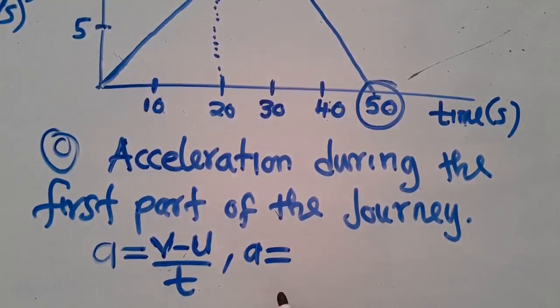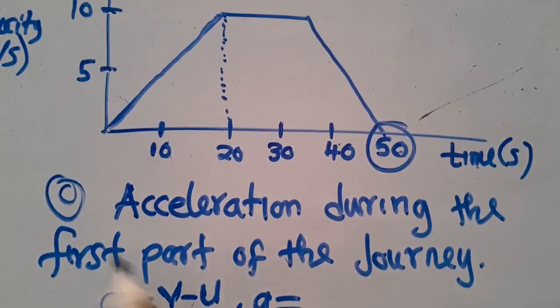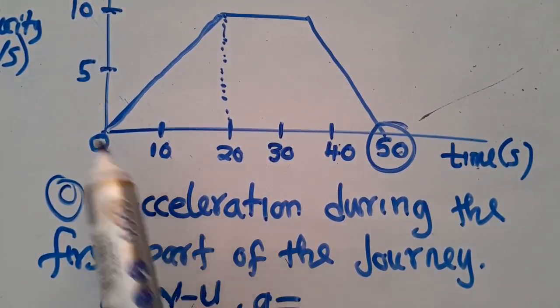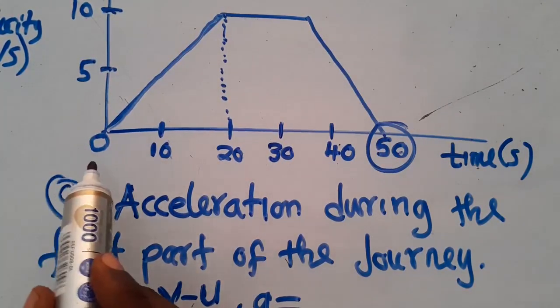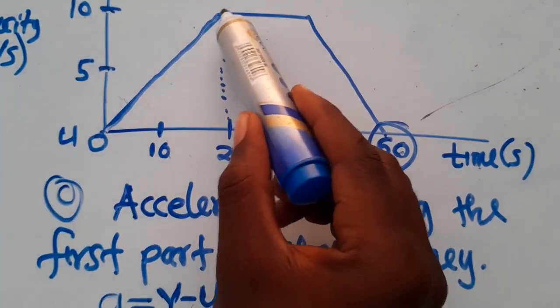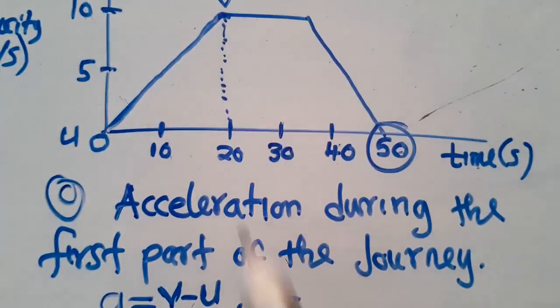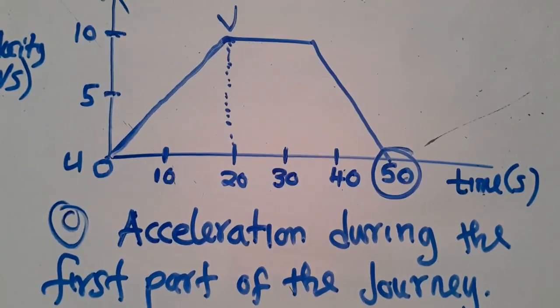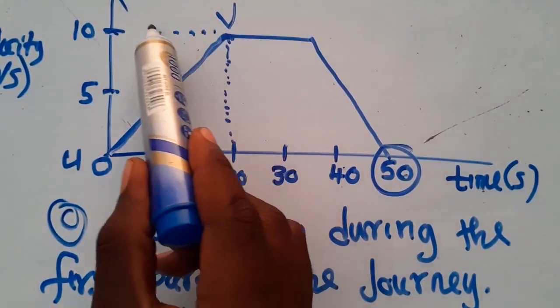You know that it started from rest, here, this is a 0 there. So this is where it is starting from. This is your initial velocity, your u. Where it is ending there is where your final velocity is.